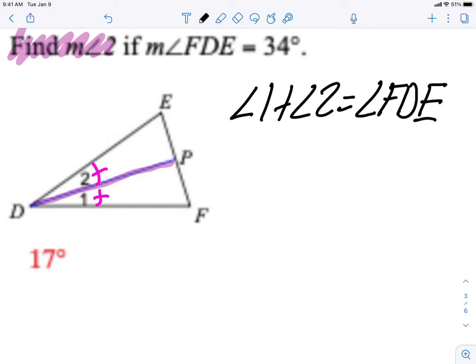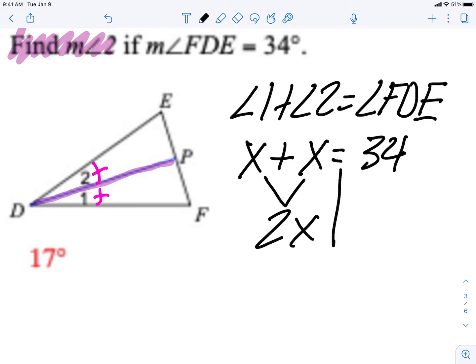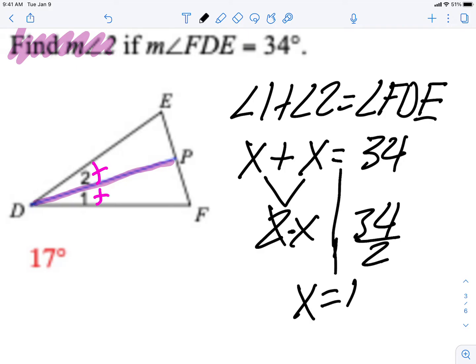So angle 1 is X, unknown, plus angle 2, since angle 2 is the same as angle 1, it's also X. And angle FDE is 34. So X plus X is 2X, which is 34 on this side. The opposite of multiplying by 2 is dividing by 2. So we get X is equal to 17 degrees.